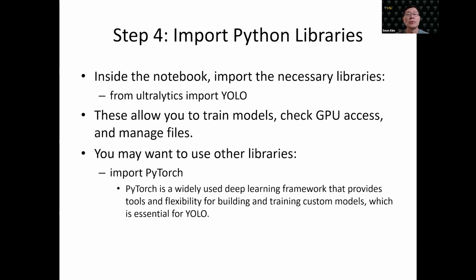So yeah, we installed the package, the module, Ultralytics, and then we don't need to import everything. So we just select only YOLO. So you can just put this command: from ultralytics import YOLO. Then now in your program, yep, you have YOLO. And you can do some other things.